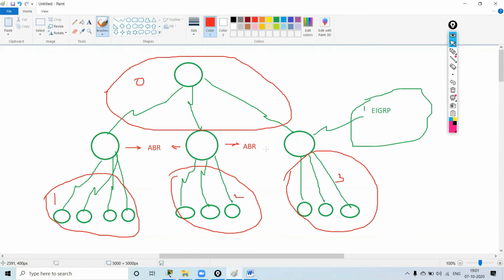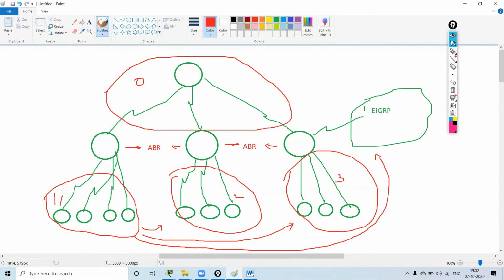Now, on the edge routers, these are my edge routers. If I want to go from area 1 to area 2, or from area 1 to area 3, or from the OSPF area to any other external area, where do I need to go?